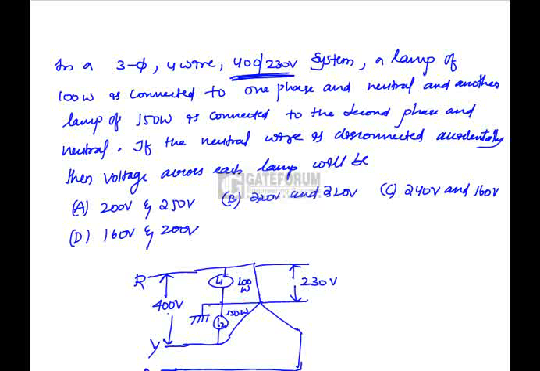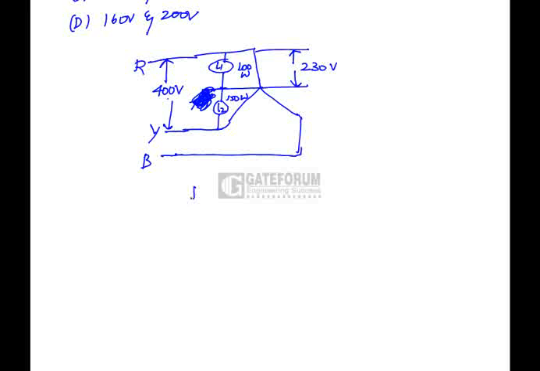If accidentally this neutral wire is opened, what is the voltage across lamp 1 and lamp 2? When the neutral wire is present, we can find the resistance of lamp 1. The lamp is connected between one phase and neutral, and the rating is 100 watts.